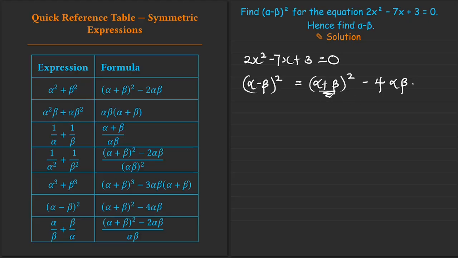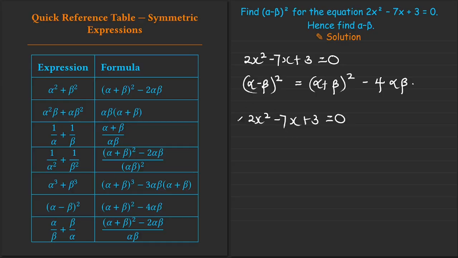So we need the value of alpha plus beta, and we also need the value of alpha beta. That is the sum of roots and the product of roots. So with that, we'll have to go back to our equation. That is 2x squared minus 7x plus 3 is equal to 0.